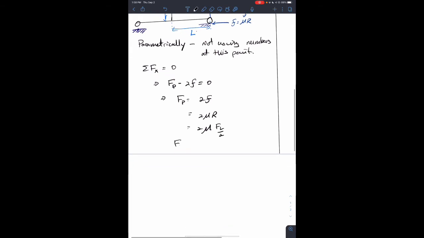This works back down to FP equals mu FL, which is what we expected. So this is the pushing force required.